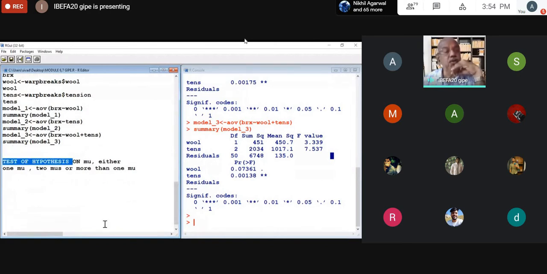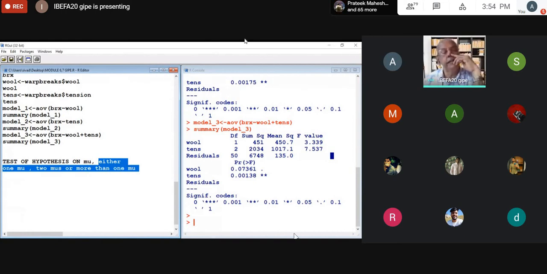See, all of you see the conclusion I have written at the end. This is test of hypothesis on mu, either one mu, two mu's, or more than one. So far we did testing of hypothesis on parameter mu.